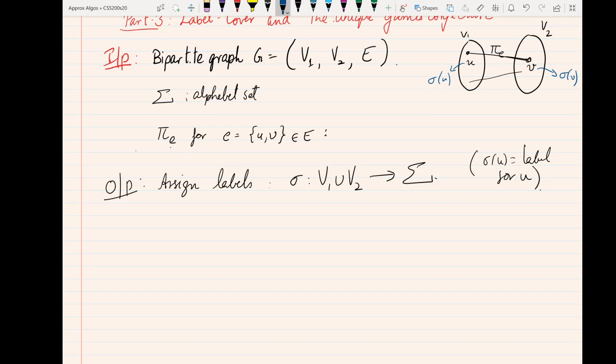So pi e, in particular, we can also split the alphabet set as being sigma, say V1 to sigma 1, which are the labels that the left hand side vertices can receive. And it takes V2 to sigma 2. Okay, and pi e is a constraint that maps a label in sigma 1 to a corresponding label in sigma 2.